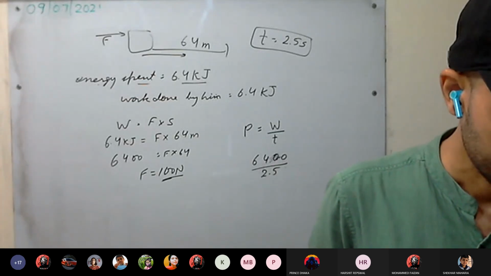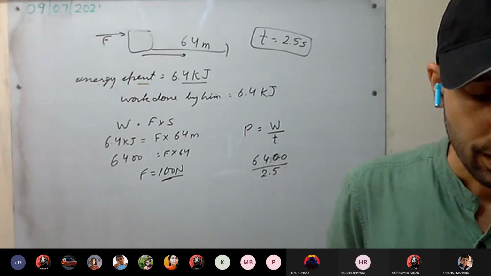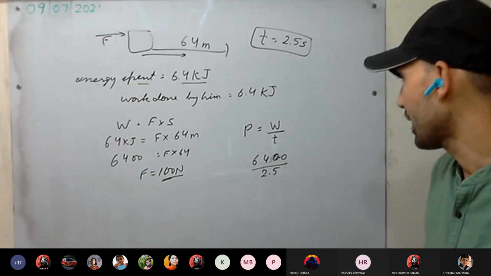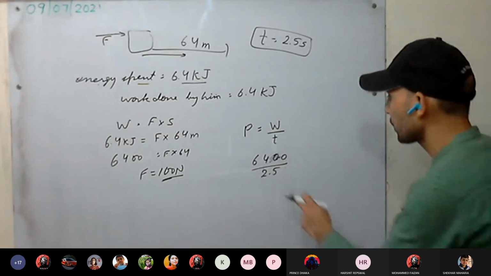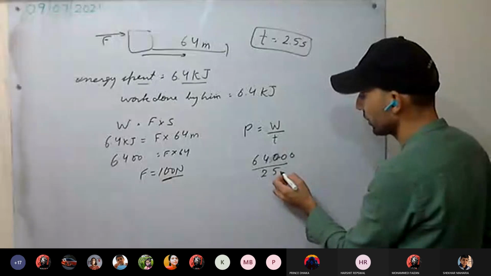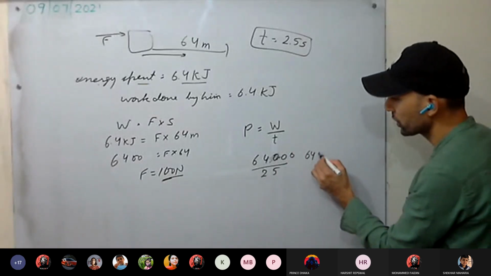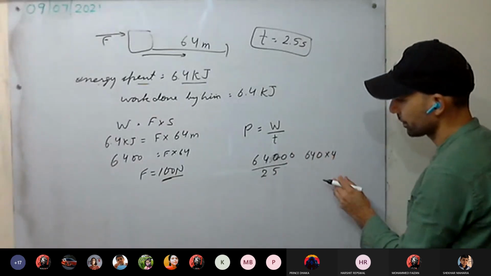Power spent. How much is it coming? Calculate, everyone. You can put one more 0 and divide by 25. Or it is simply 640 into 4.